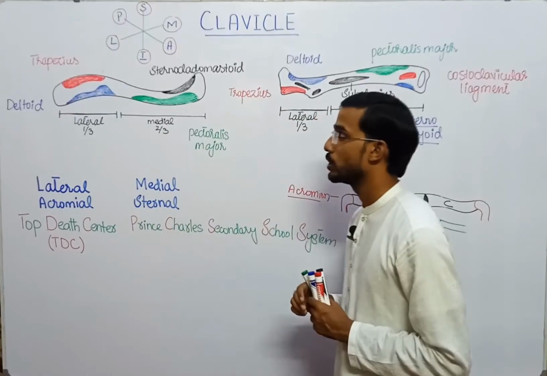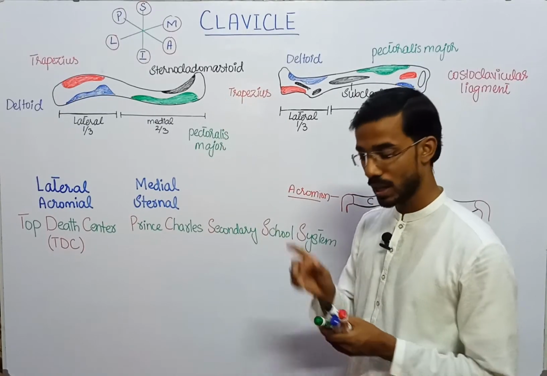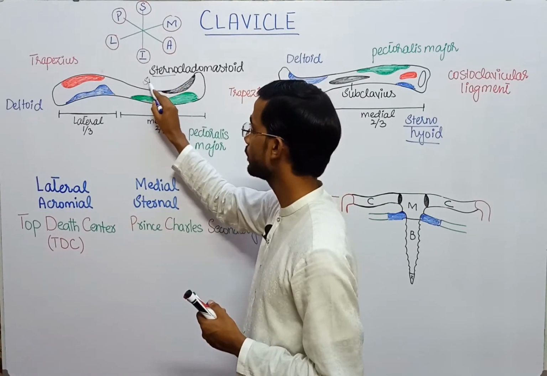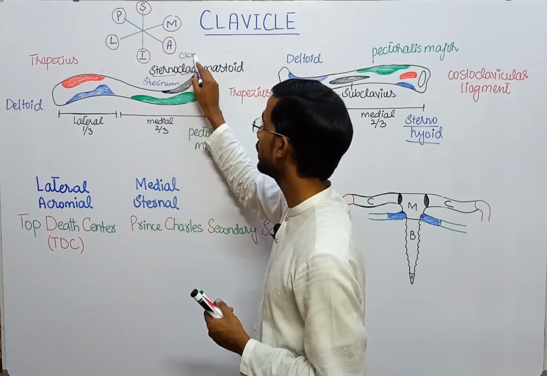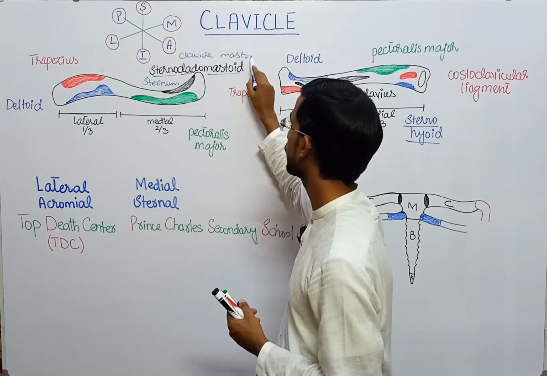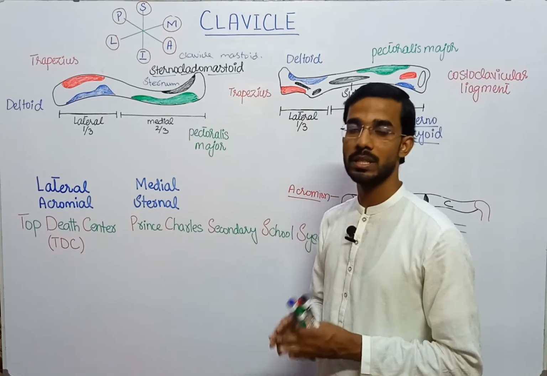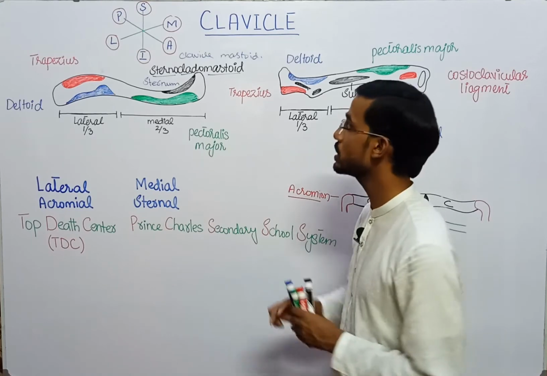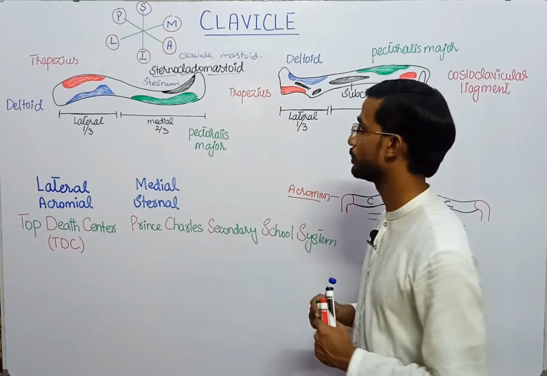And on the medial side, 2 muscles are present: the sternocleidomastoid muscle. Sterno means sternum, cleido means clavicle, and mastoid means the mastoid process of the temporal bone. The sternocleidomastoid is a muscle which attaches to 3 different bones: the sternum, clavicle, and the mastoid process of the temporal bone.